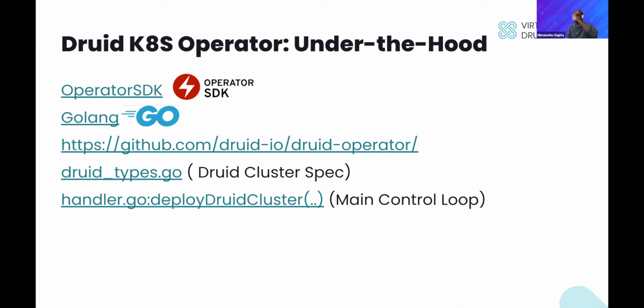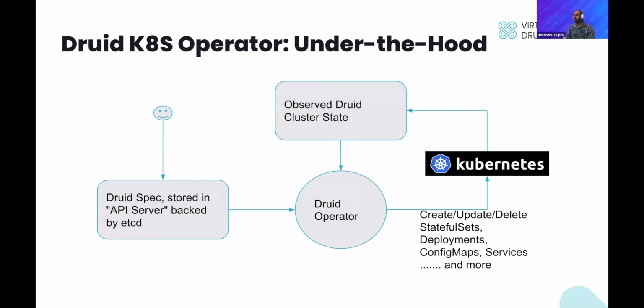And if you wanted to see a list of everything it supports, you can look at this file in the source code. Another thing you can see is the main control loop, which shows what the operator does once it discovers a spec to make the Druid cluster a reality. If you read this function, you'll see what things it is doing to bring up a Druid cluster for you. So that's in terms of the source code if you wanted to see it.